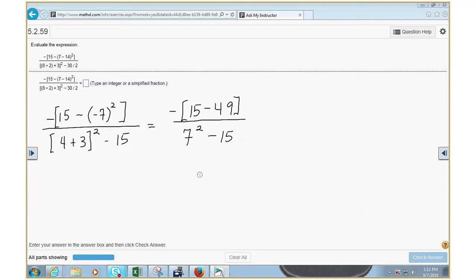You have $15, you owe $49, you still owe what? $34. $49 minus 15. What's negative 1 times negative 34? And what's 49 minus 15?